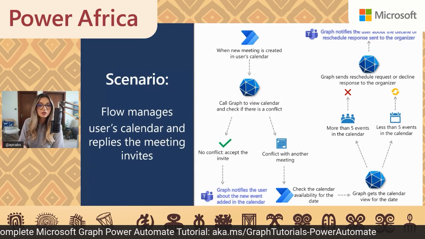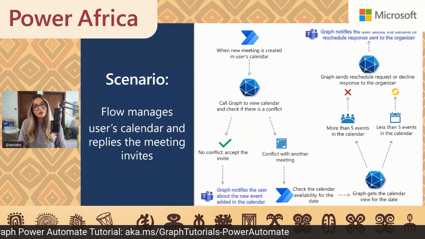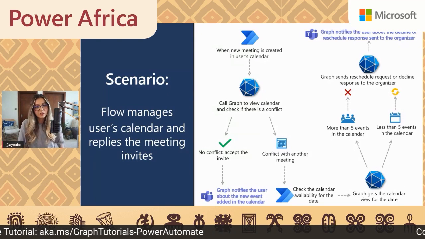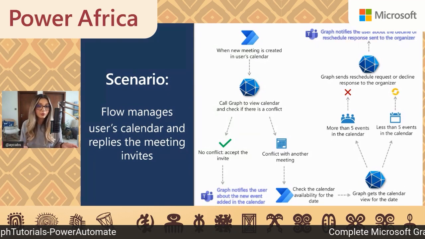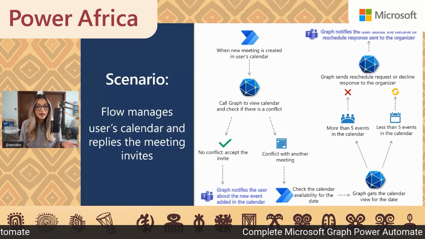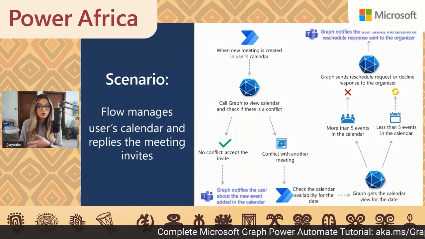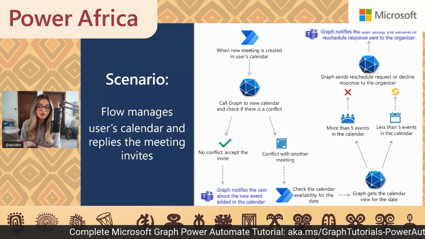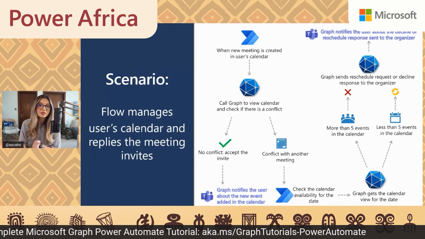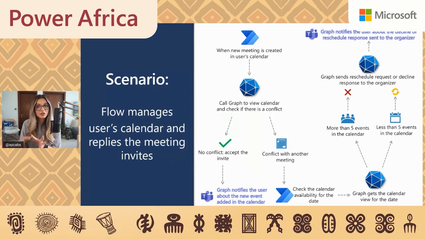So what we did here was, whenever there's a new meeting in the calendar, and this new meeting will be checked from Power Automate, not from the user, we call Graph to check calendar, and we just see if there's a conflict. If there's a conflict, then we just continue our flow. But if there's no conflict, then we accept the invite. If it is in office hours, then we notify the end user saying that we accepted this invitation.